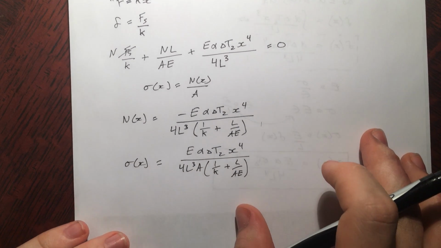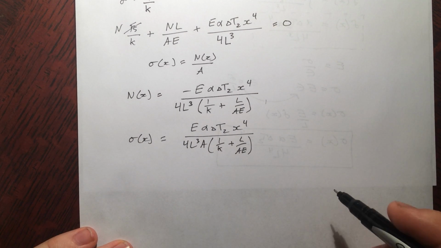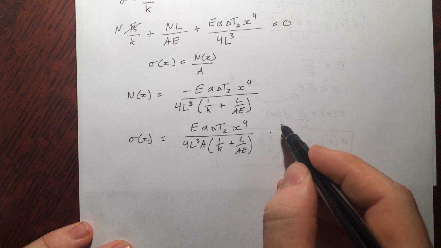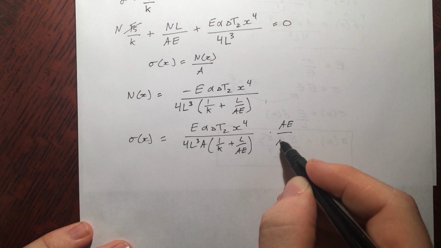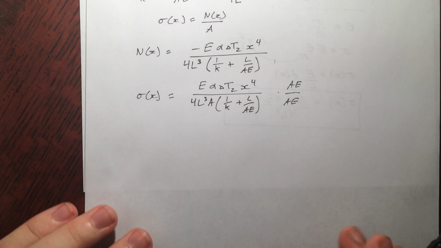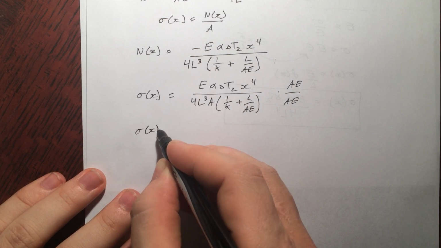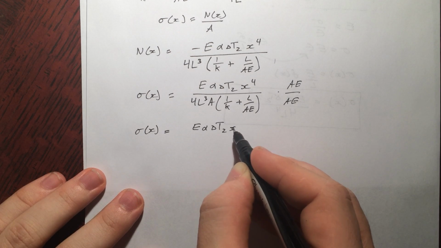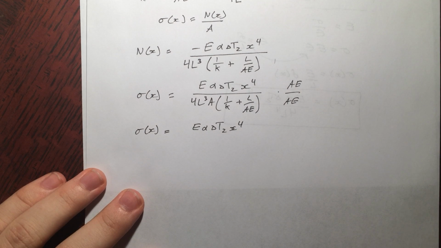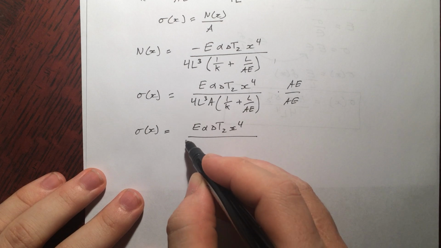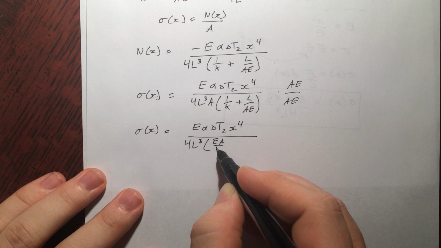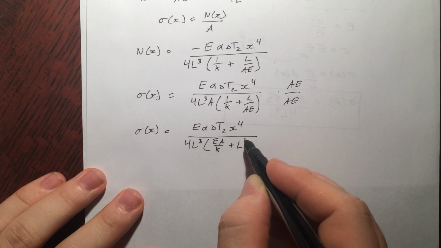And if we want, we can rearrange this with some algebra, multiplying the top and the bottom by EA, just to get rid of this. And then finally, we can write the stress as a function of x is E alpha delta T squared x to the 4 over 4L cubed, times EA over K plus L.